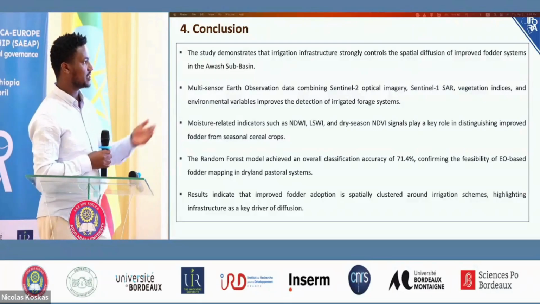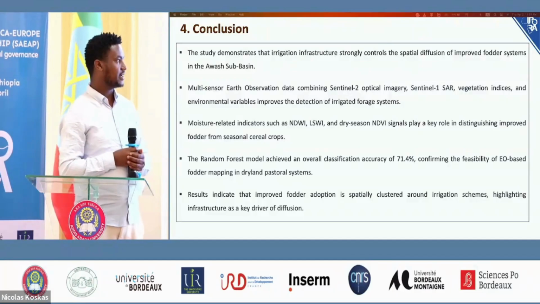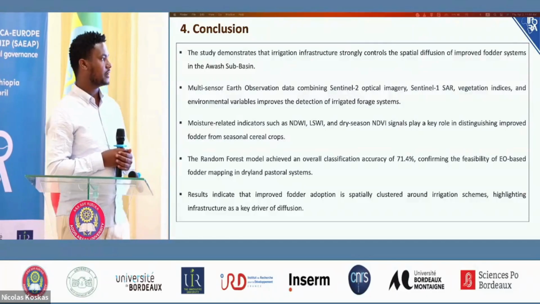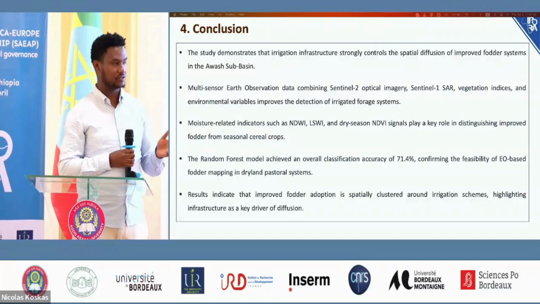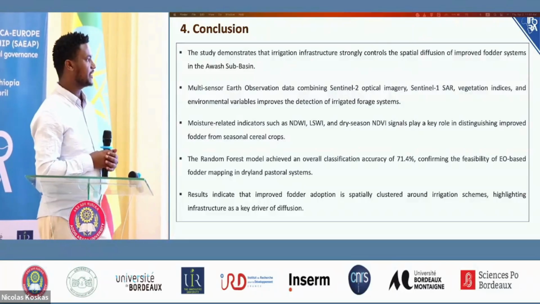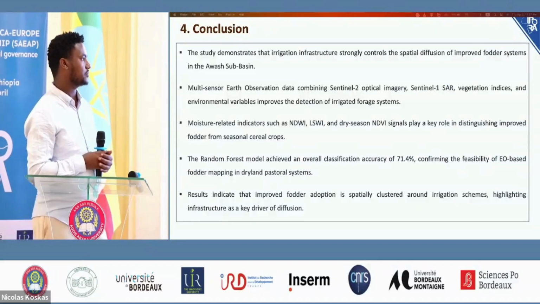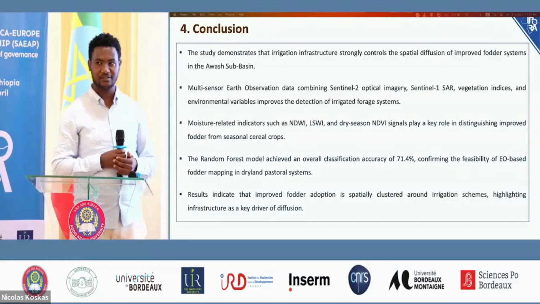The normalized difference water index and crop phenology also play a significant role in identifying improved fodder. The accuracy is good, and we are working to improve it. Thank you.